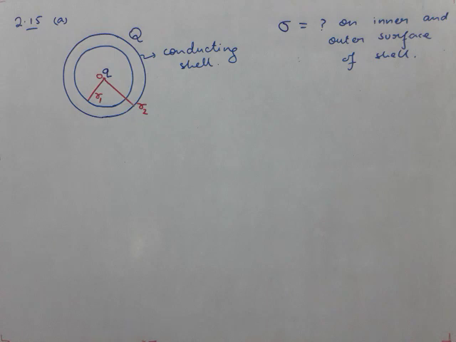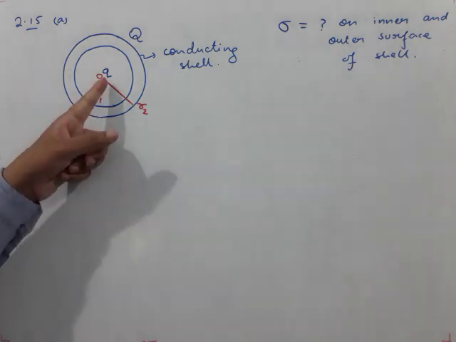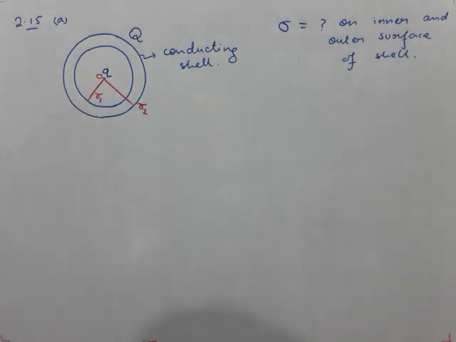So bit A, the question is like this: a charge small q is placed at the center of the shell. What is the surface charge density sigma on the inner and outer surfaces of the shell? See, the total charge on the shell is given to be how much?